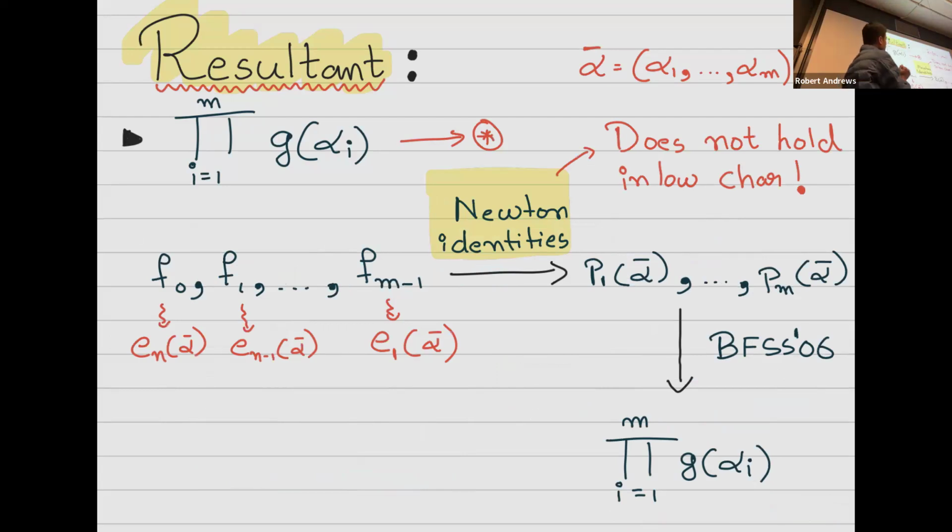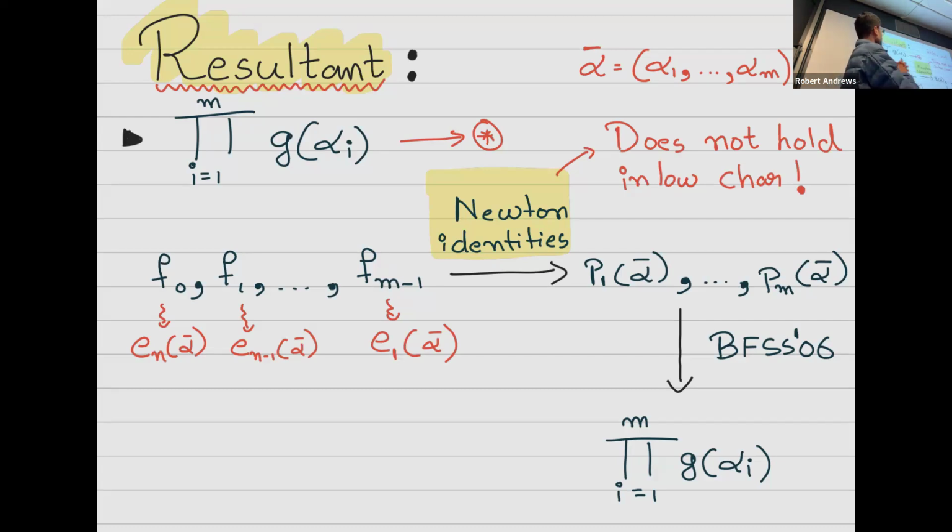And then from the power symmetric polynomials, using BFSS, inspired from Eric's work, we get the resultant. Are all these constant depth? They're all constant depth. Yeah. There are a lot of details I haven't said here at all, but this is the very high level picture.